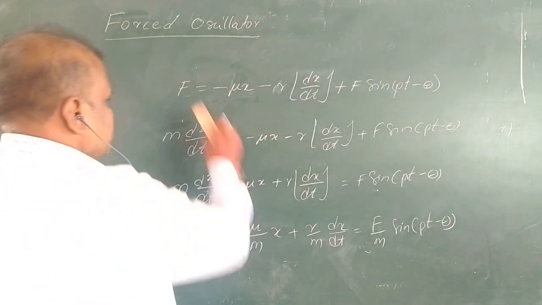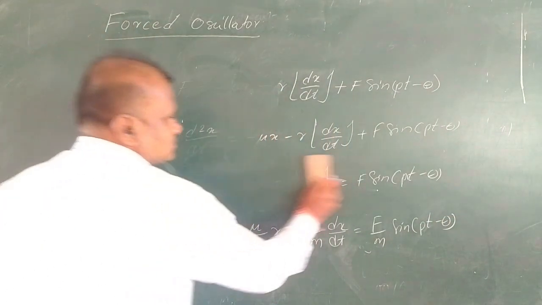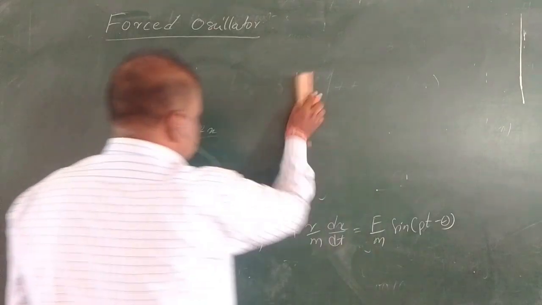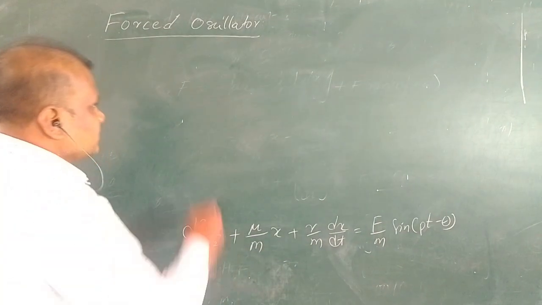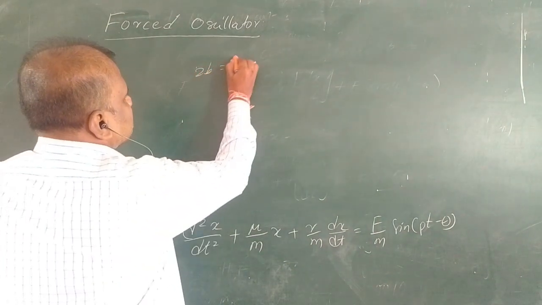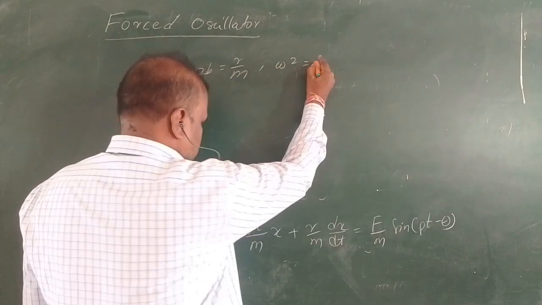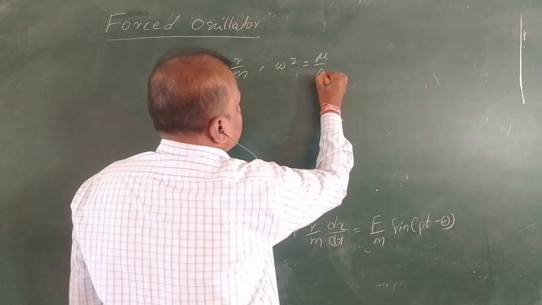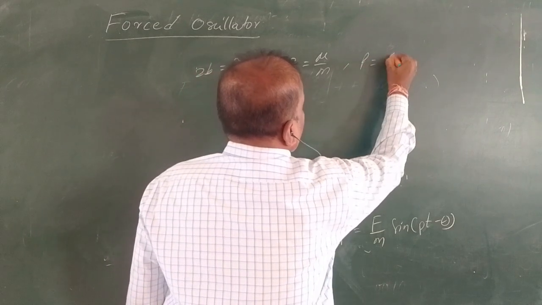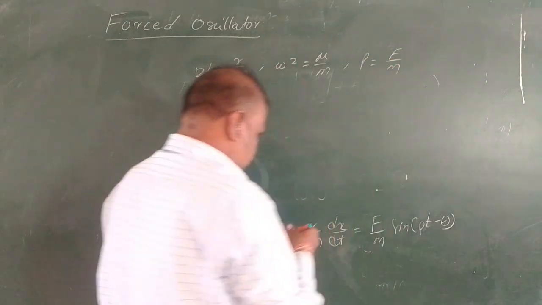Here I am going to take 2b as r by m, omega square as mu by m, and small f as capital F by m.